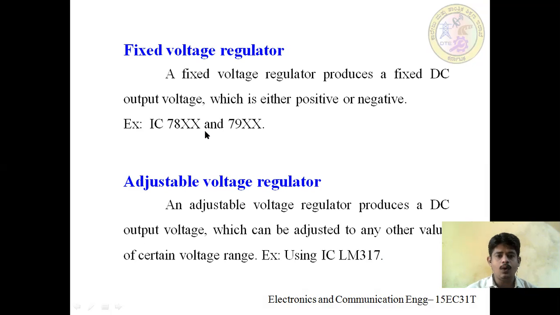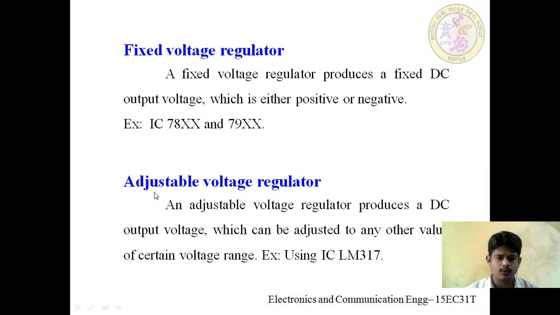XX indicates the voltage level. Next, we will understand the 78 series and 79 series in detail. Briefly, you can understand right now that XX means the voltage levels, and 78 and 79 have their own meaning. We'll discuss that. So this is the first type of classification.